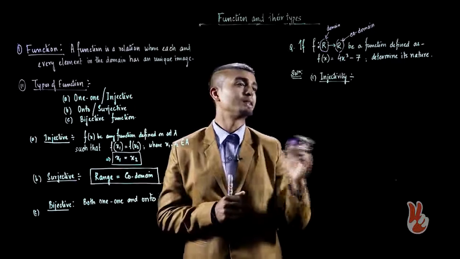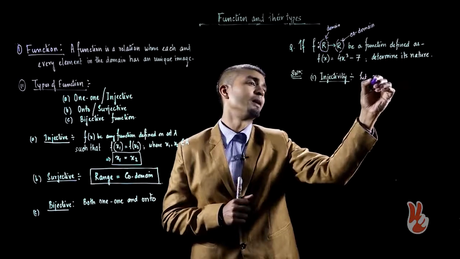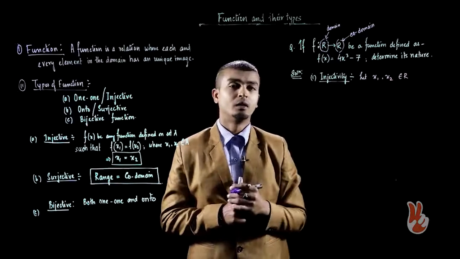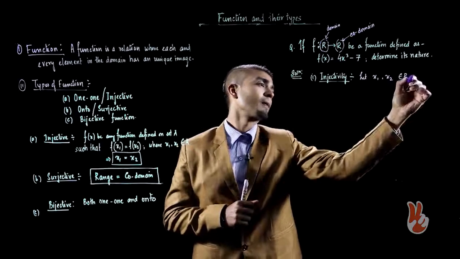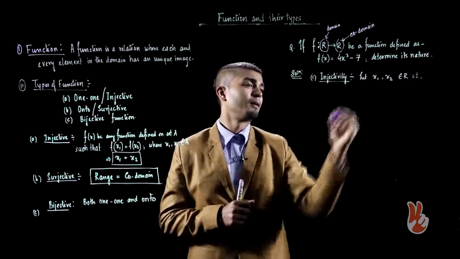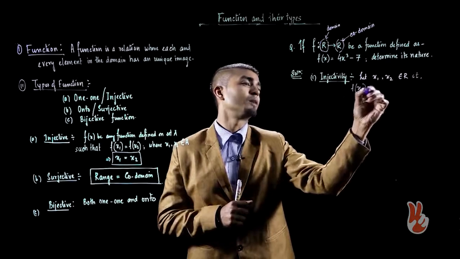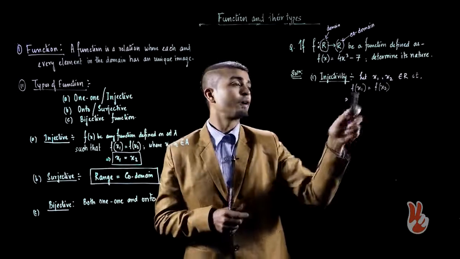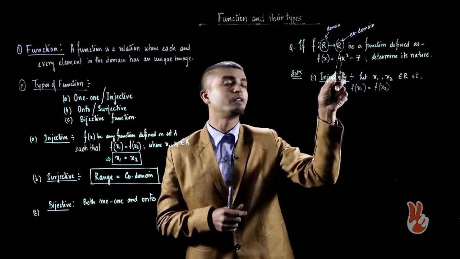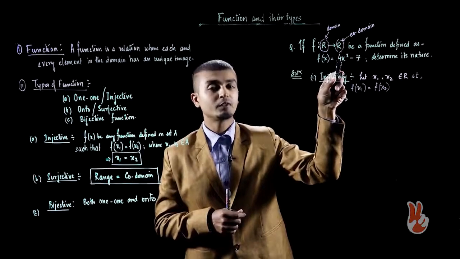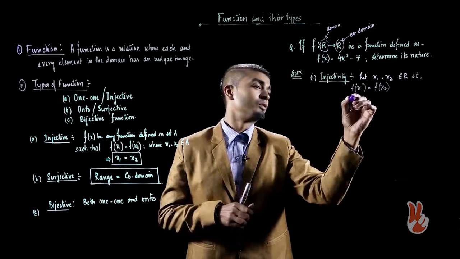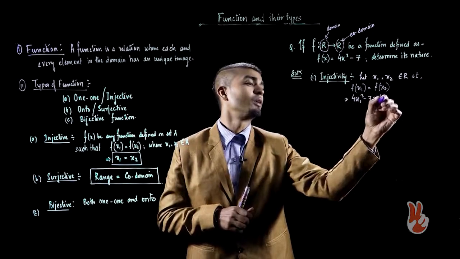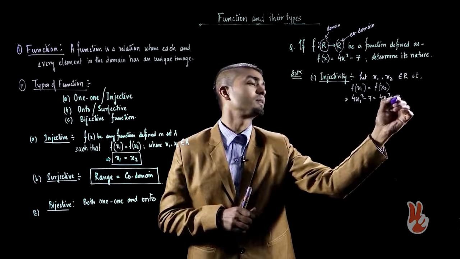Now, injectivity. So, let x1, x2 be two elements in the set of real numbers such that f(x1) is equal to f(x2). Now, what is the meaning of f(x1)? If I put the value of x1 in the given function, then that is the meaning of the symbol f(x1). So, the equation that I will get is 4x1 cube minus 7 equal to 4x2 cube minus 7.